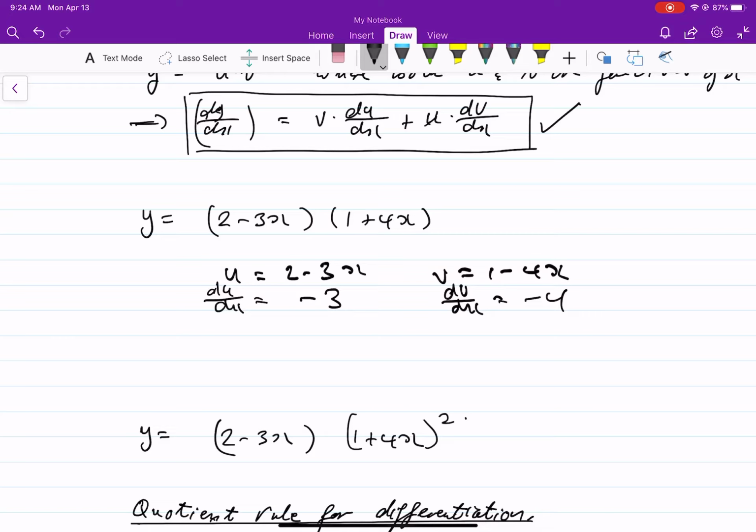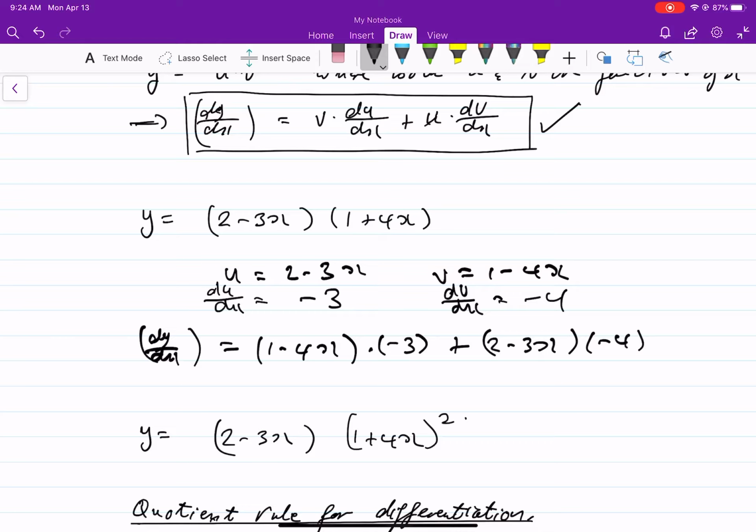And all I have to do to get my dy/dx is to put them together the way the product rule says. dy/dx is v first, so that will be the (1 minus 4x), times du/dx, which is negative 3, plus u, which is the (2 minus 3x), times dv/dx, which is the negative 4.